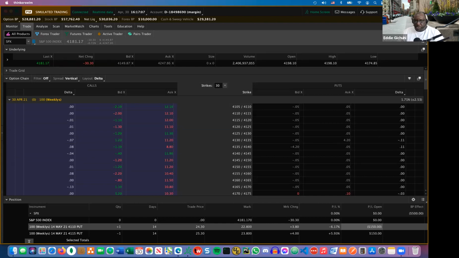So in our example, the width of our spread was 5, so that is 500, and we received $1, which is equivalent to $100, and therefore our maximum loss is $400. And why is it 400? Because we get to keep the 100 no matter what.